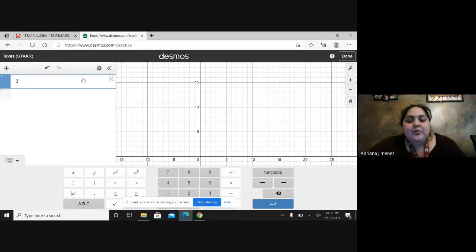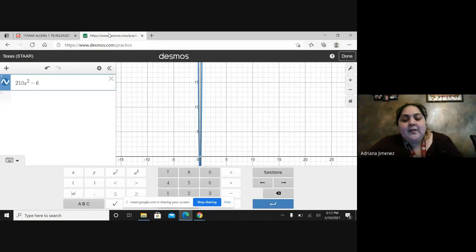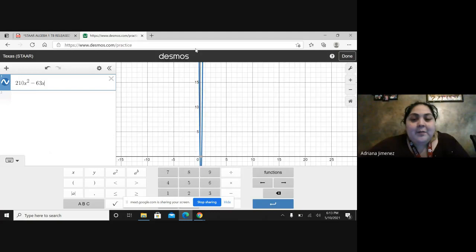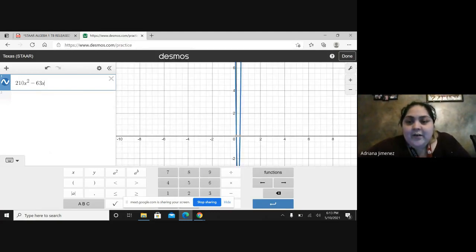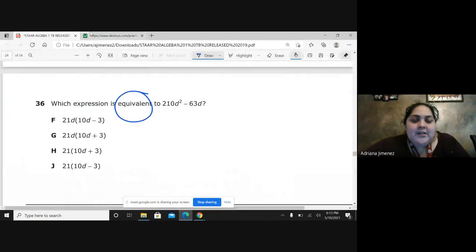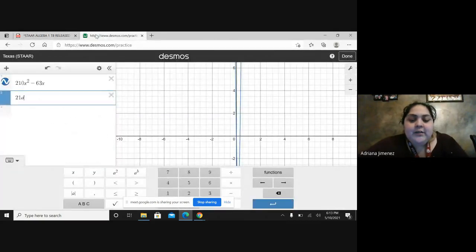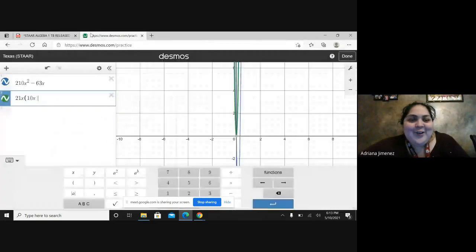So it's 210x squared minus 63. I can do the home button and we see it's right there. We click one of these and type it in. 21B, 10, and I don't know why I keep using D when I can't use it. So sorry.